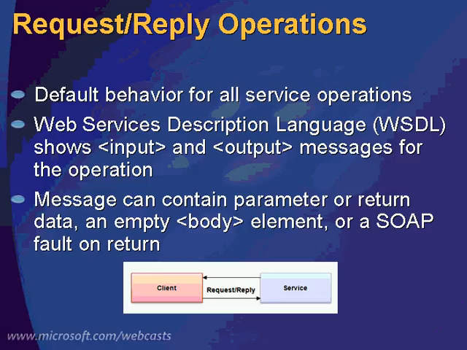And the message that's returned is inside a body element, inside the SOAP envelope. And that, of course, could be either a message that comes back or an empty return if the signature of the operation is void, a return, or it could be a fault if an exception is thrown. But the point is that there's always a message going back to the client, even if the client doesn't care about the response.